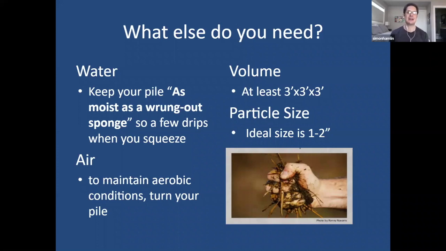You're going to be rotating the soil and all the particles around, and mixing them around. So you want some space to be able to do that, and some space to be able to mix everything together. And then in terms of the particle size, the ideal size is 1 to 2 inches.